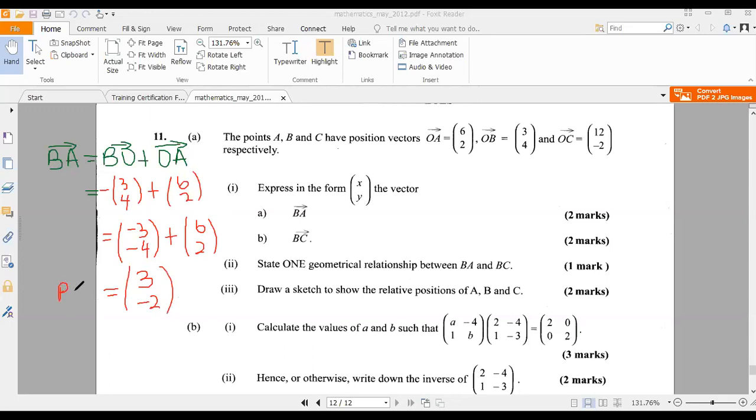Any question? This is how we find BA. So if you are just joining us, this is the May 2012 paper, all right?